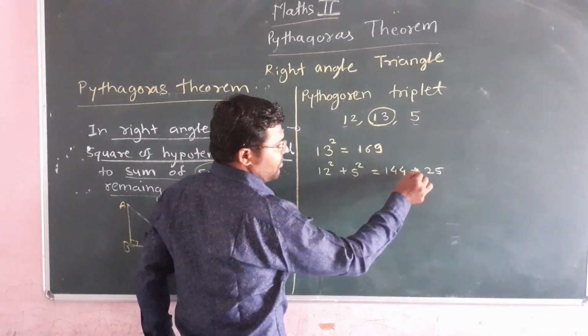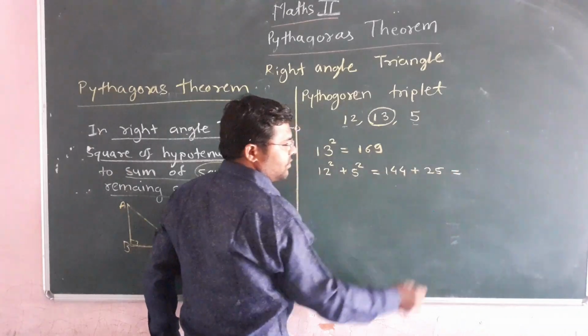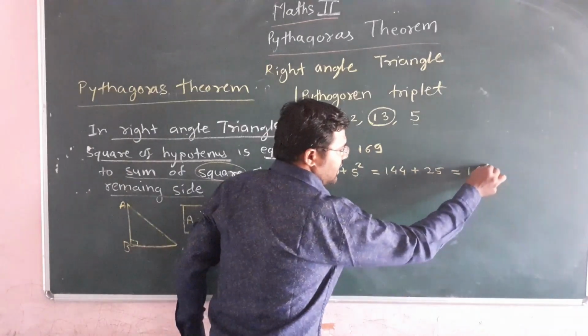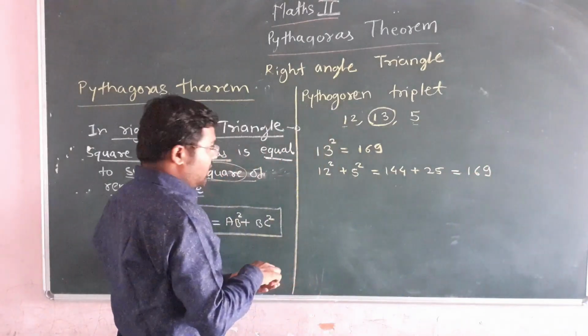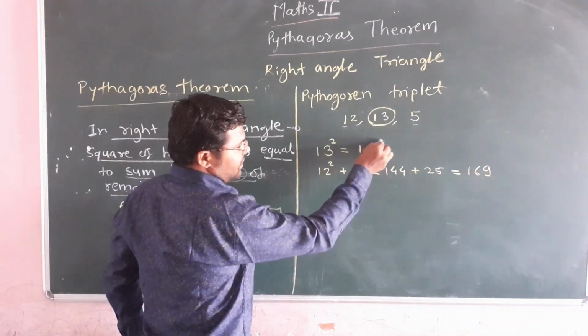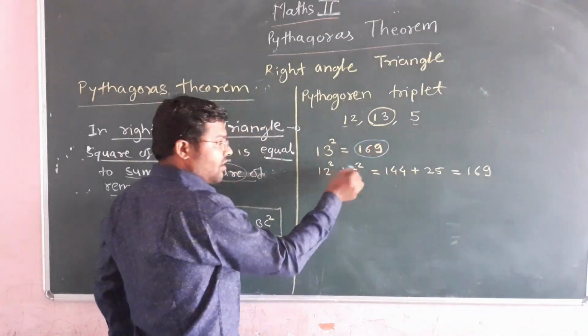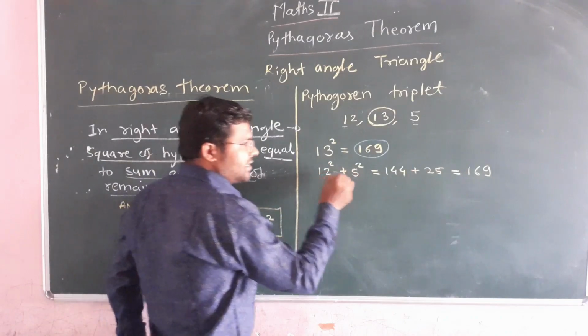Now 144 plus 25 is equal to 169. Here the square of the largest number is 169 and the sum of the squares of the other two sides is also 169.